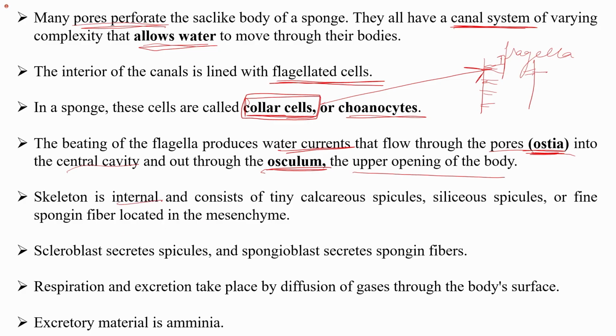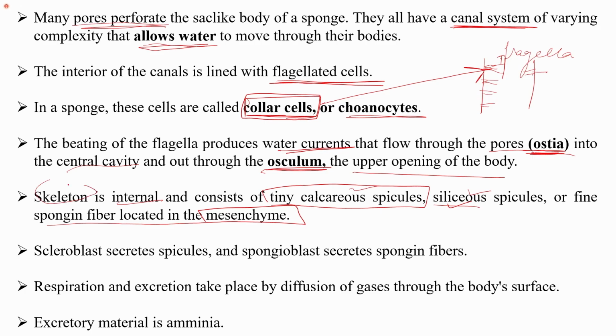The skeleton is internal and consists of tiny calcareous spicules, or siliceous spicules, so they may be made up of calcium or of silica, or of fine spongin fibers located in the mesenchyme. They do not have any mesoderm, but they have mesenchyme, in which these calcareous or siliceous spicules are present and act as the skeleton.